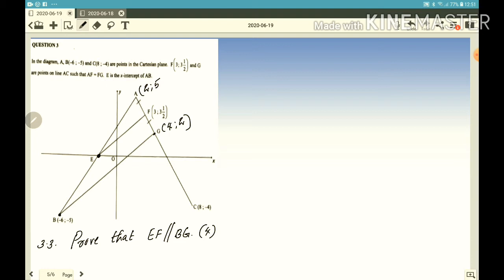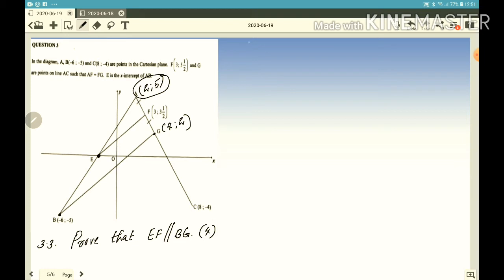Find the equation of AB first. How do we find it? You know one point, then find the gradient, then we can get the equation of AB. I am selecting the point 2, 5 as one point. Now I have to find the gradient of AB.